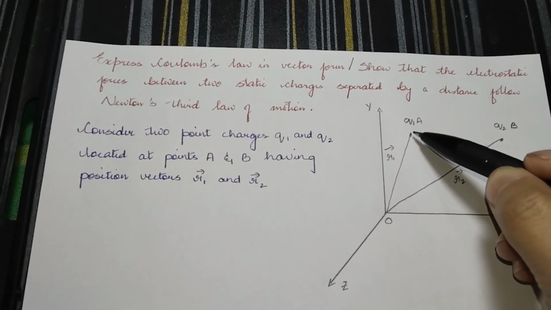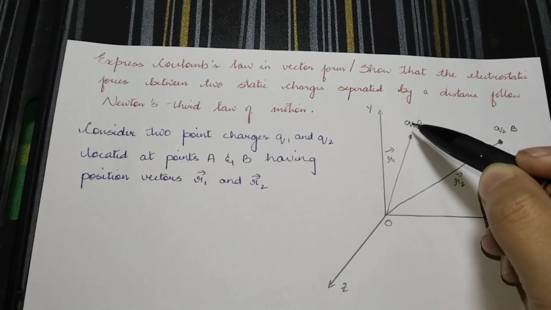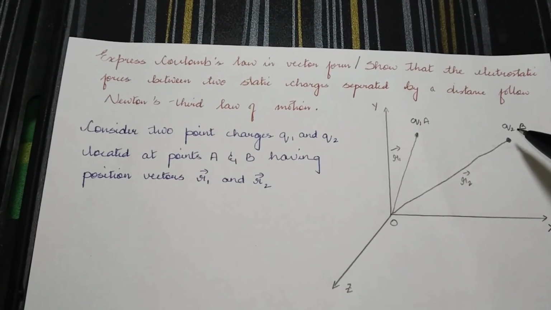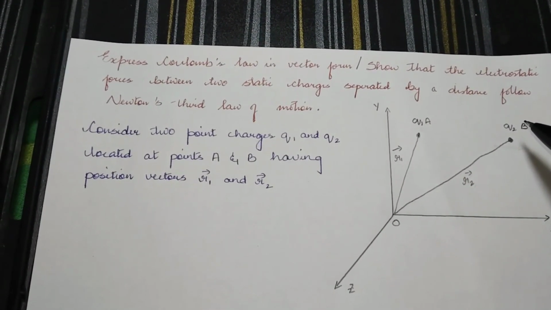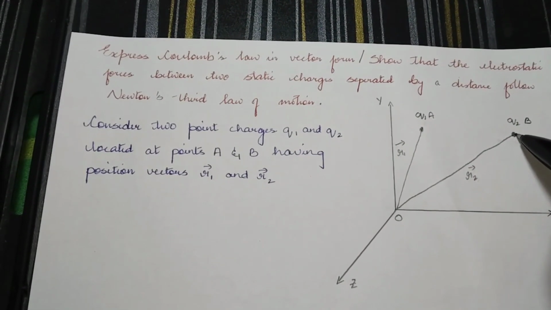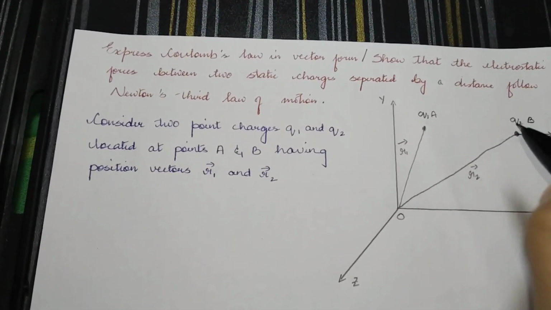Now, suppose that both q1 and q2 have the same kind of charge. Suppose q1 is positive and q2 is also positive, and we know that like charges normally repel each other. Because of q1, q2 is experiencing a repulsive force, which is in this direction.